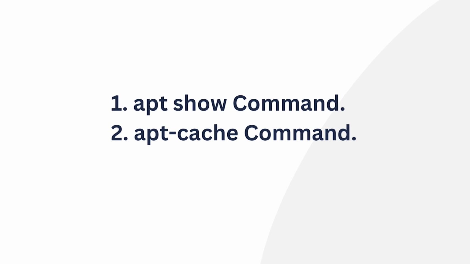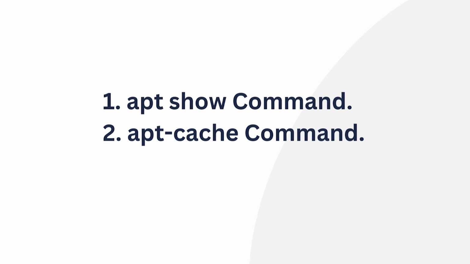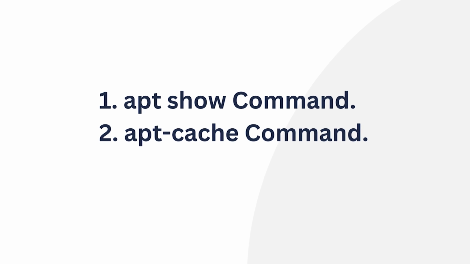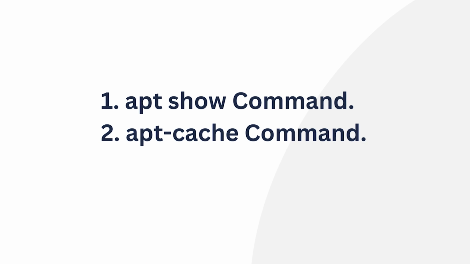The apt package manager provides 2 straightforward ways to check any software dependency. These are the apt show command and the apt-cache command. Suppose you want to install a VLC player. Before installing, you want to check the dependency packages of VLC.